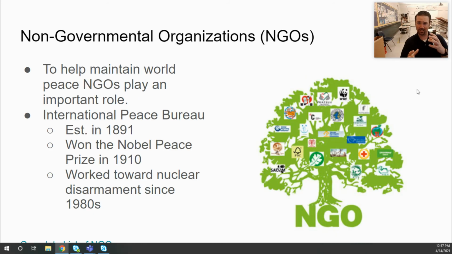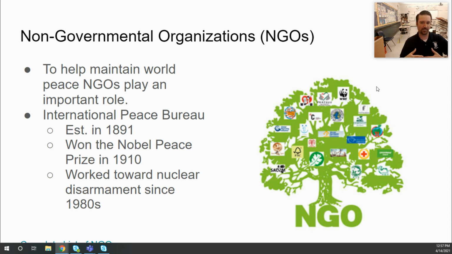And the last thing when you're talking about international organizations, you can't not mention NGOs or non-governmental organizations. They're independent and typically privately run organizations that are geared towards a number of things that deal with international peace and environmental protection and a whole bunch of other things.